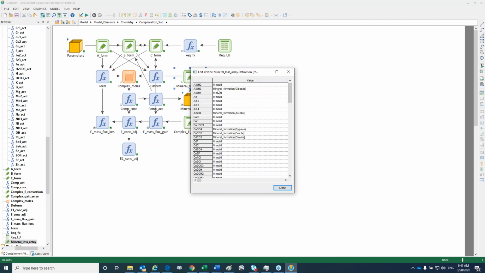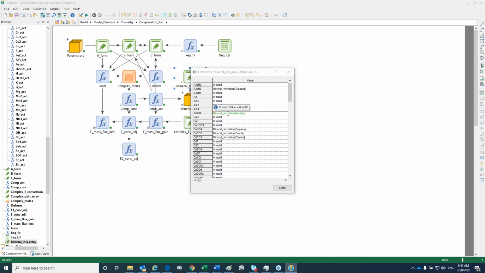But basically, if we've got a mineral formation, for example, if we've got a mineral formation of gibbsite, which is AlOH3, then the formation rate of gibbsite is going to directly subtract from the AlOH species, AlOH3 complex, sorry. Similarly, if we've got like allanite forming, for example, so when we've got allanite forming, allanite is actually a much more complicated species than AlSO4.